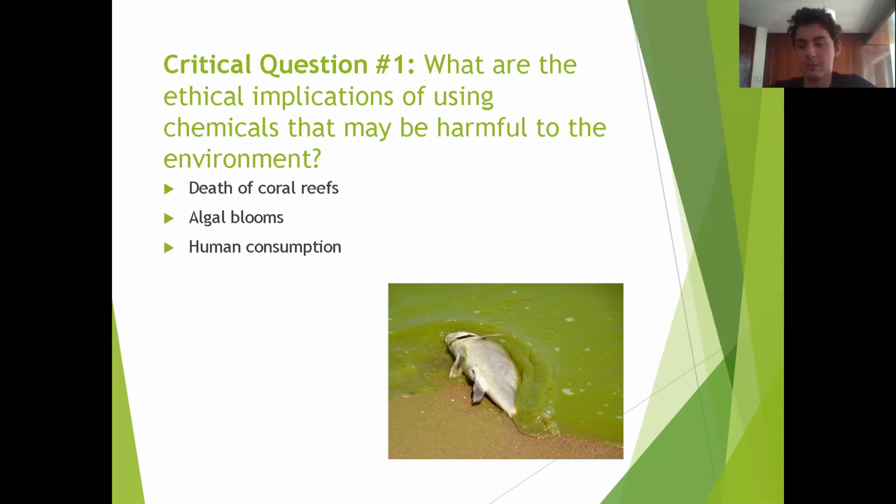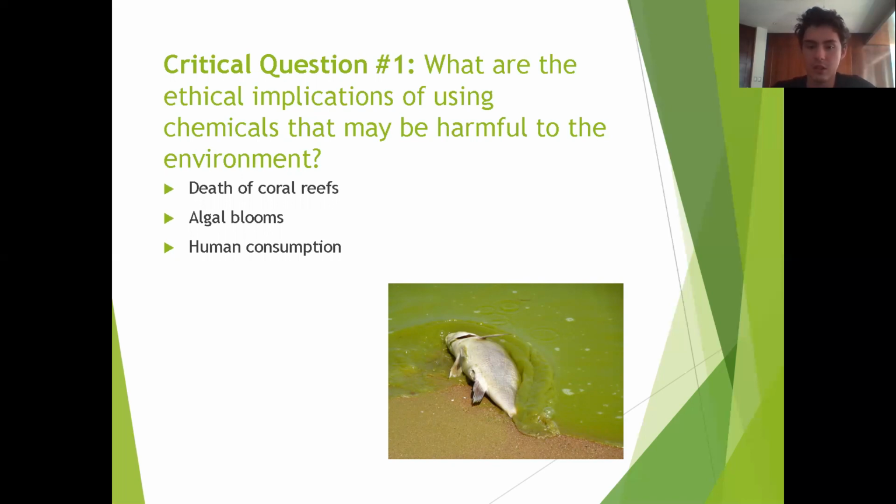Some of the problems that it may cause are the death of coral reefs, because coral reefs are not supposed to have detergent on them and they die. Algal blooms, which is when there are too many nutrients that algae can eat, causing them to cover the water.